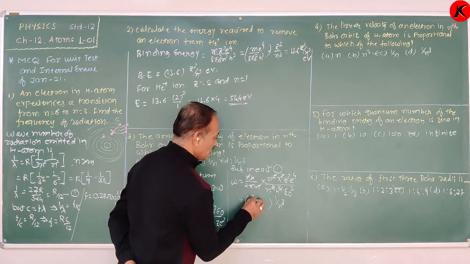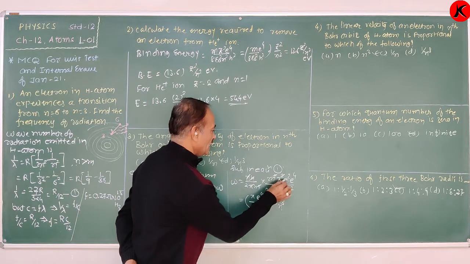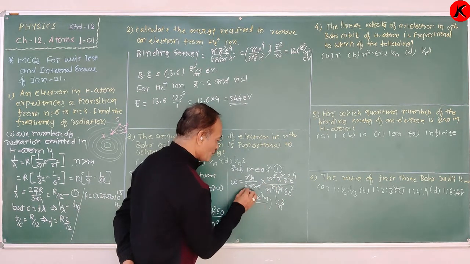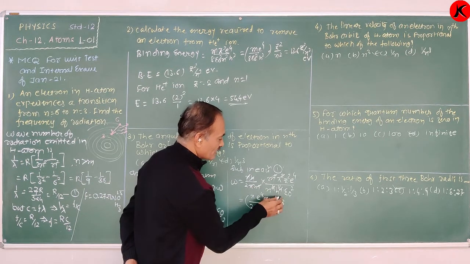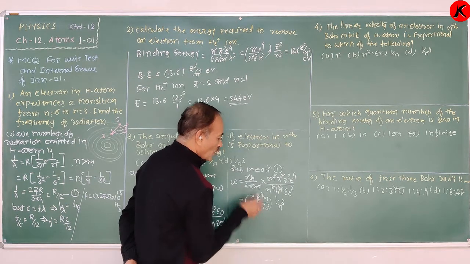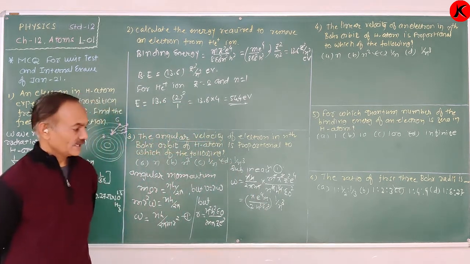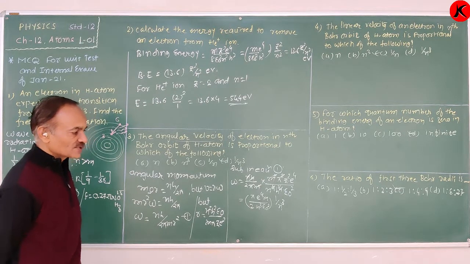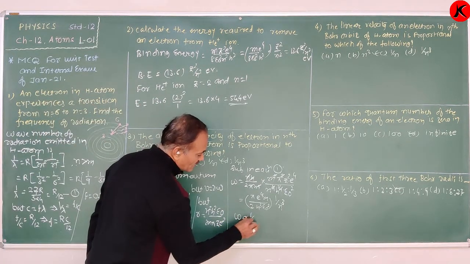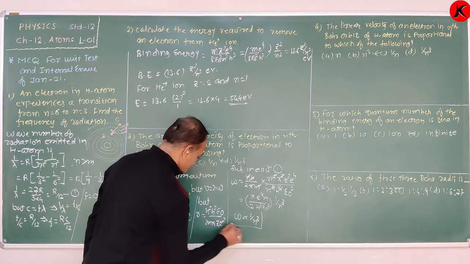Therefore pi e to the power 4, m pi e to the power 4 upon 2 pi m cancel, n cube taken out, h cube epsilon 0 square. All are constants. Therefore omega is proportional to 1 upon n cube.